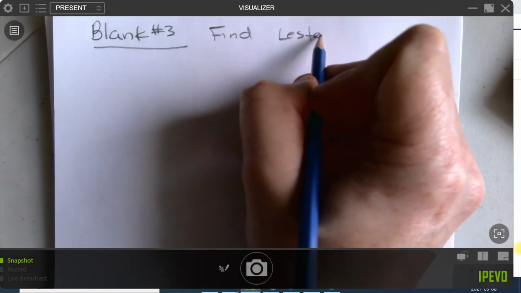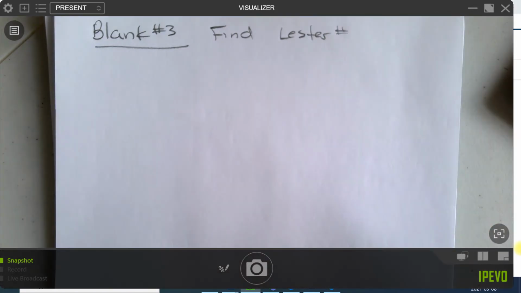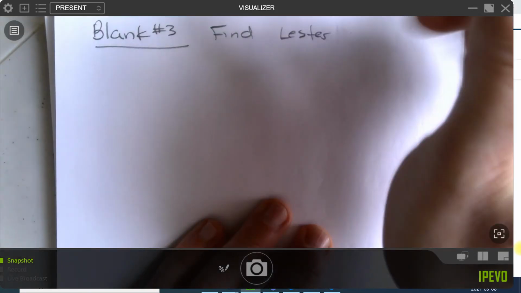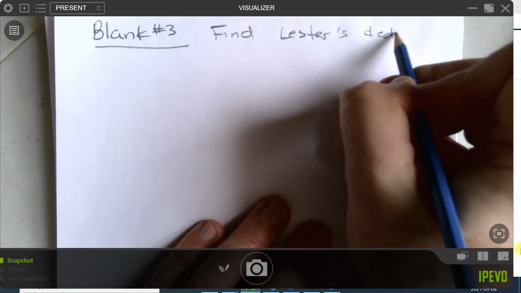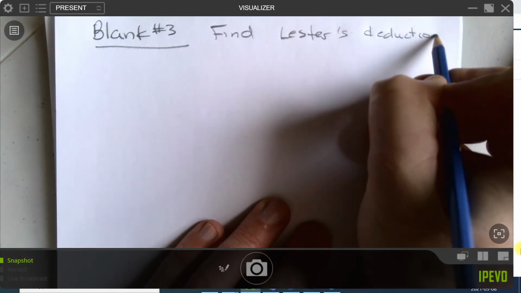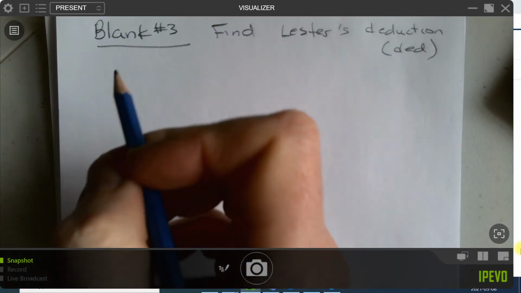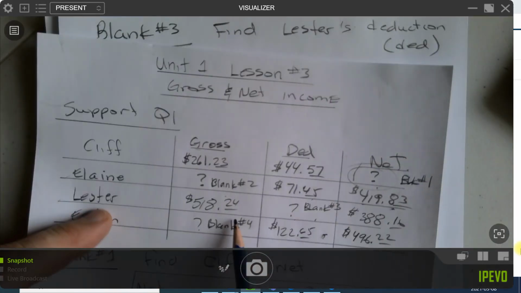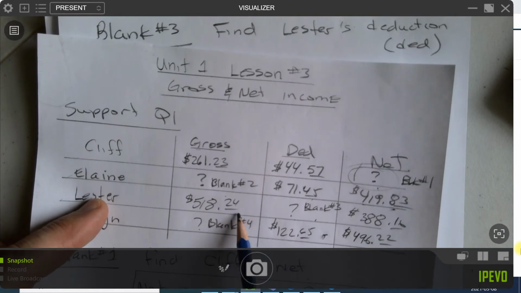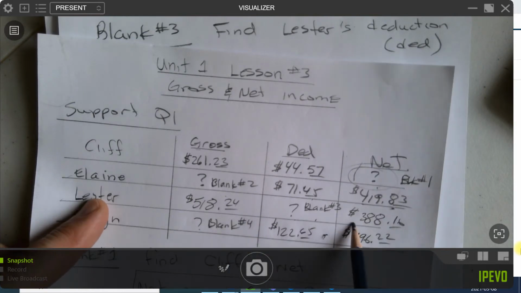Pardon me, Lester's deductions. And then we say deductions, that's like D-U-D, need. And there we go, right here. So we have Lester, so we have gross, so we have to find deductions in this case.